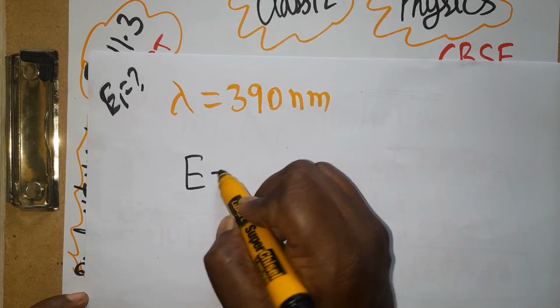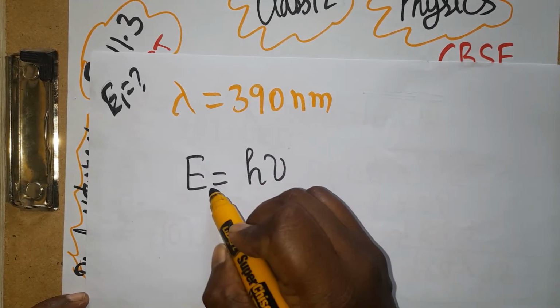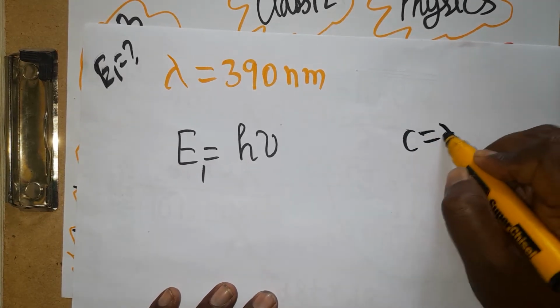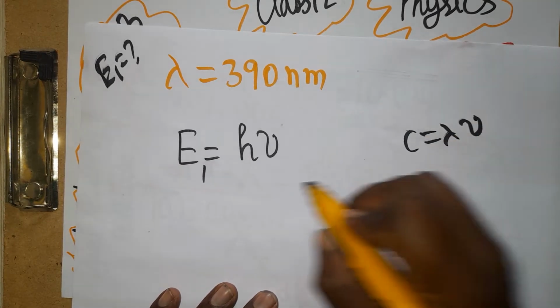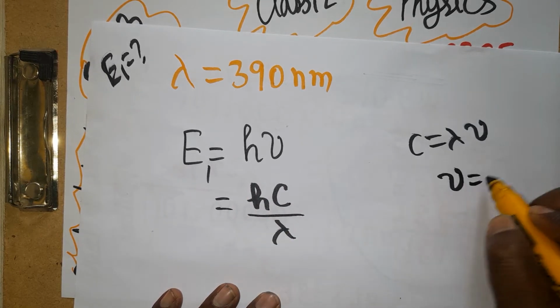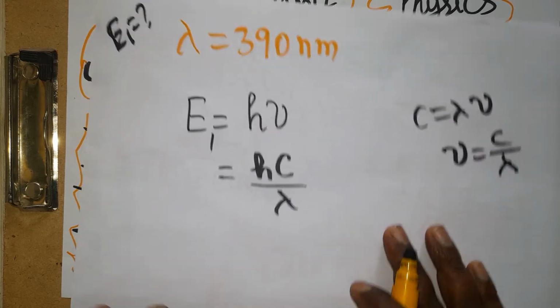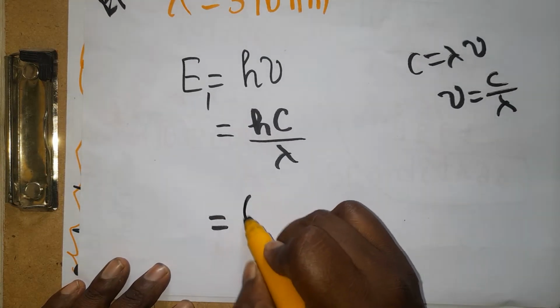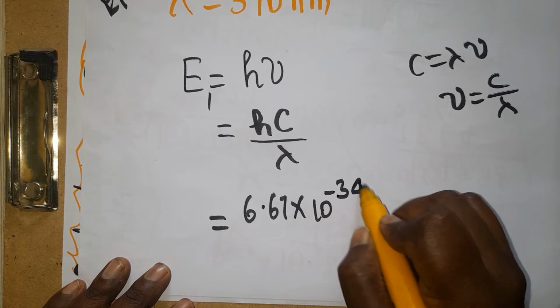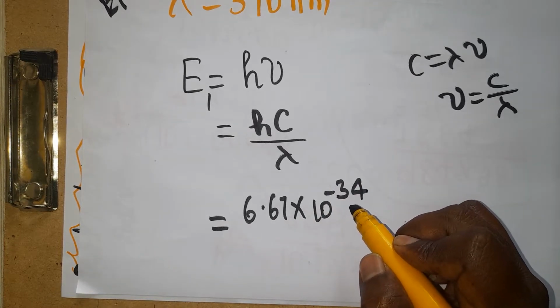E is equal to h times frequency. C is equal to wavelength into frequency. If you want the frequency, it is C divided by lambda, because frequency is equal to C by lambda. So E equals hc by lambda. Now h is how much? 6.63 into 10 power minus 34, the Planck constant value.